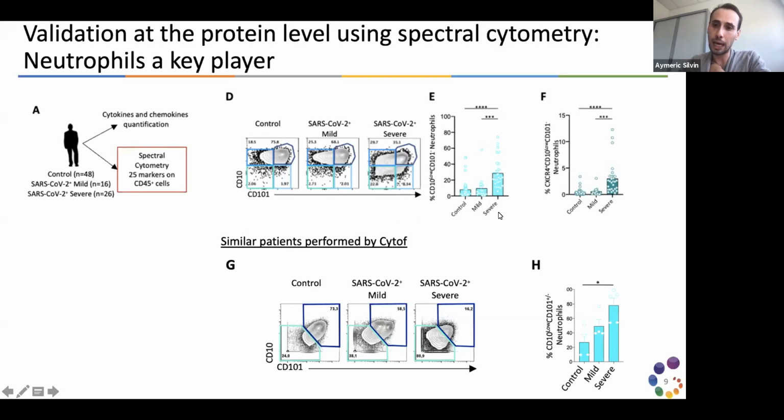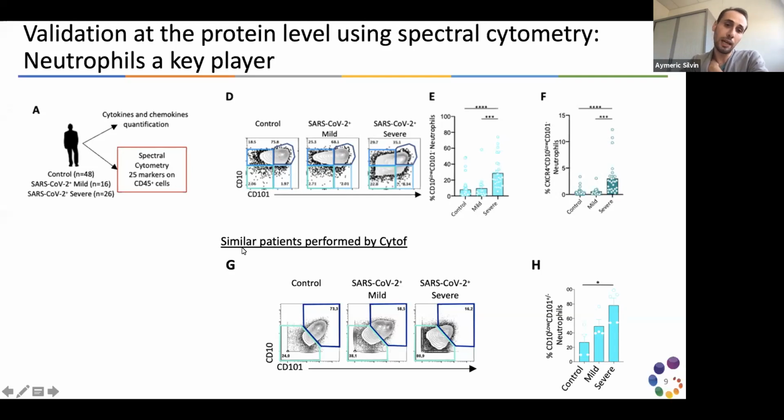And when we look at CXCR4 expression, we could observe that CXCR4 expression was increased only in severe patients, suggesting that immature neutrophils were released from the bone marrow in severe patients.